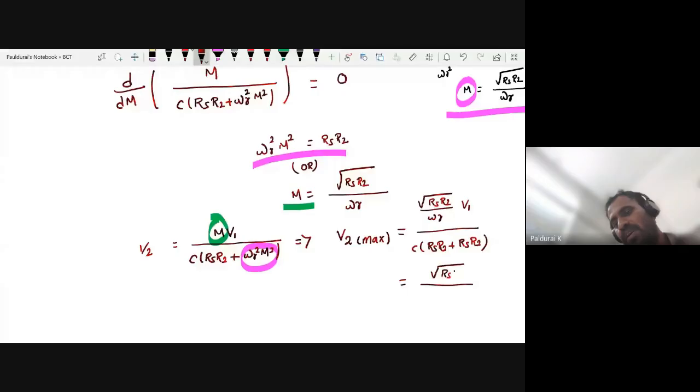To calculate maximum output voltage, it is given by M, square root of Rs R2.